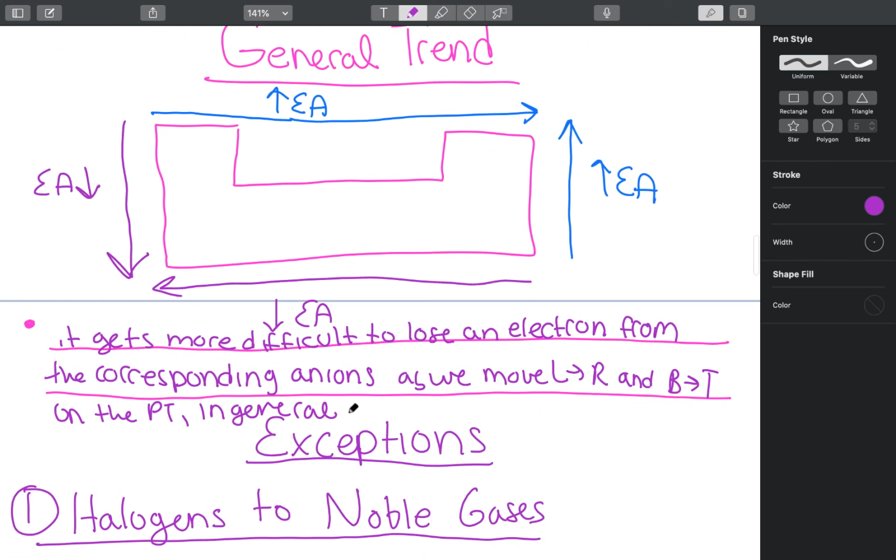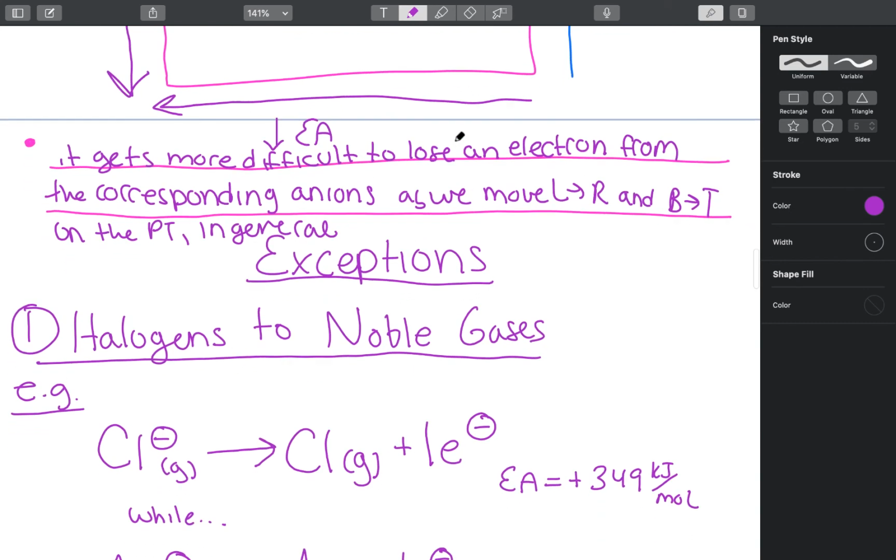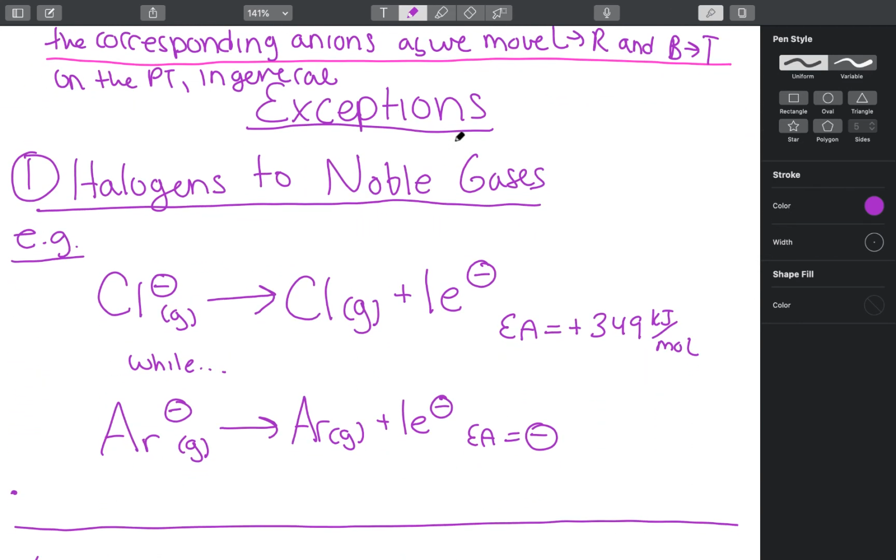So the first exception to this trend is when you move from the halogens to the noble gases. What would you expect in electron affinity values? You'd expect that the electron affinity would increase from halogens to the noble gases, according to this trend. However, this is not the case. Instead of increasing, they actually decrease.